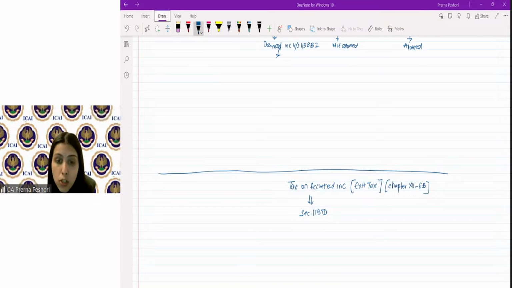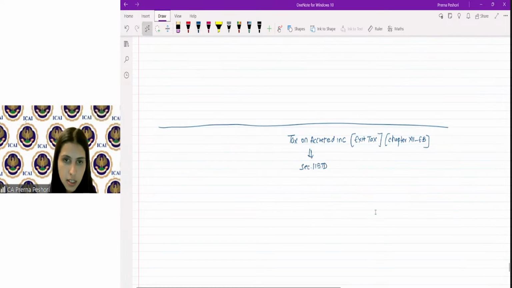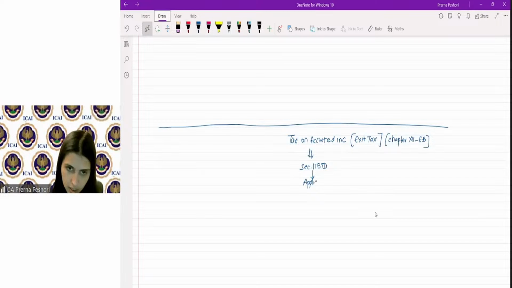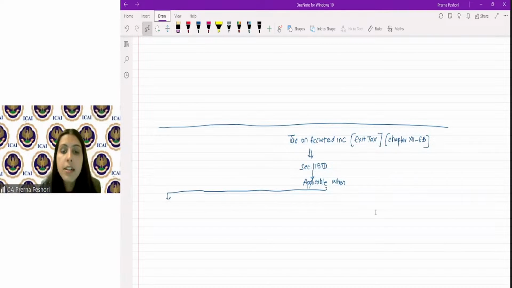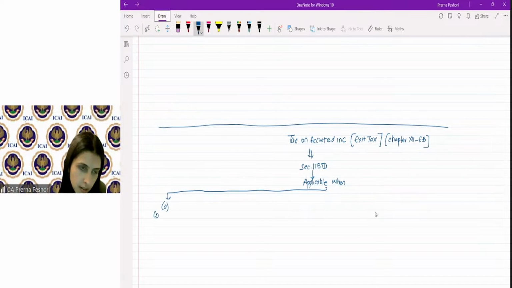So what are the situations in which the exit tax will be leviable? So just write down. The exit tax will be leviable in circumstances where the conversion of the trust takes place.